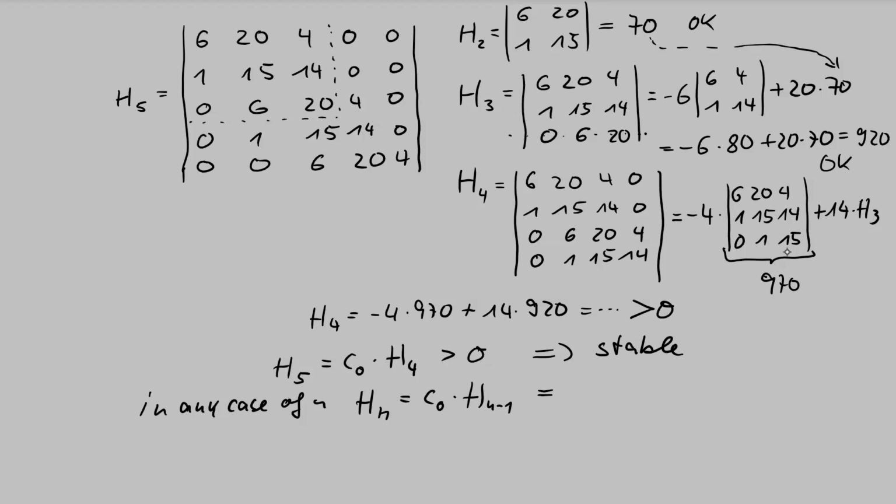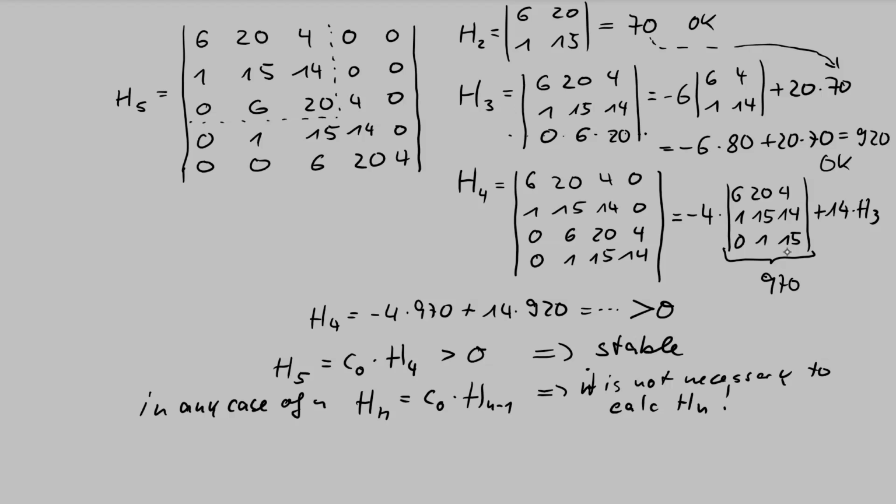If this is positive, this also is positive, then of course this is positive. So it is never necessary to calculate Hn, because you can stop with Hn minus 1, because automatically if this is positive, Hn also must be positive, otherwise you would have stopped the check with condition 1. In any case of n, it is not necessary to calculate Hn.